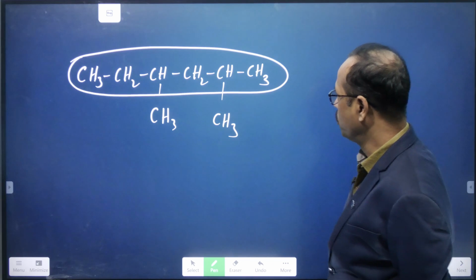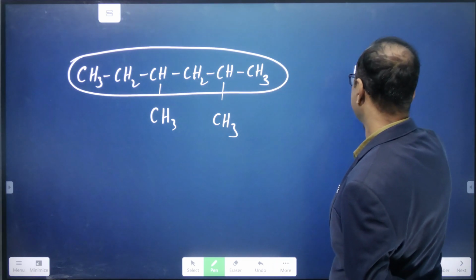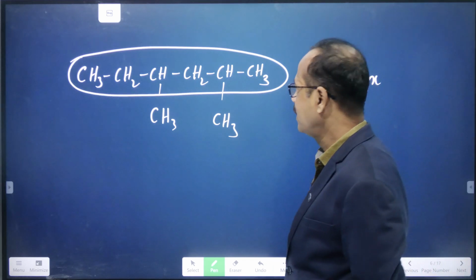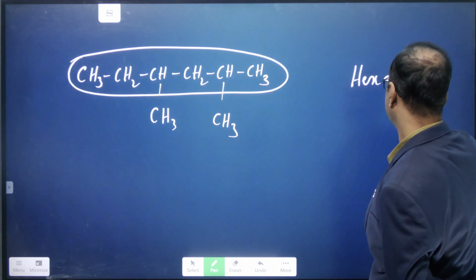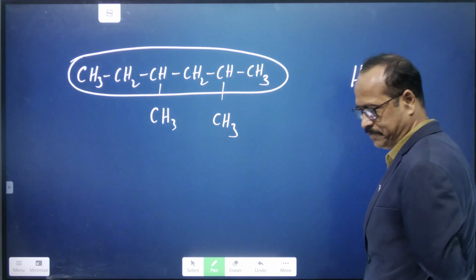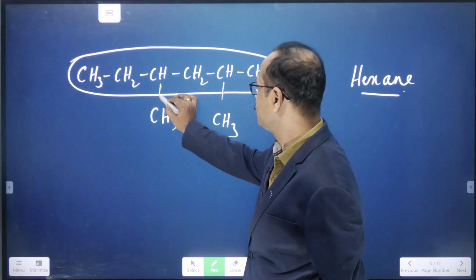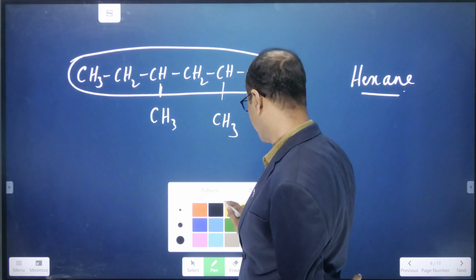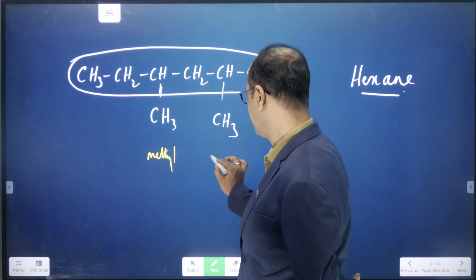In the longest chain, 6 carbons are there, so the root word is hex. All single bonds are there, so ane. So the first part is done. Now there are two CH3s. CH3 is called methyl. Here also one methyl.